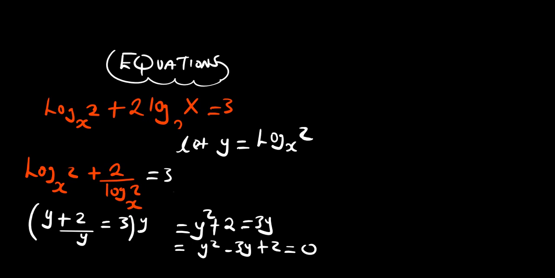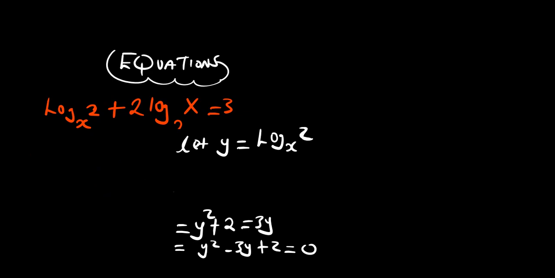So we have to solve this equation, whether using the formula method or just the normal method. So let's see the product, the sum, and the factors. So the product, in this case, is 2, the sum is negative 3.